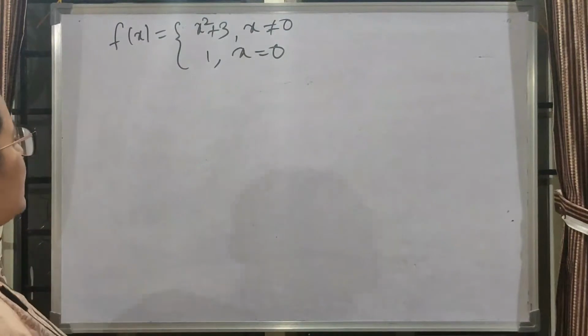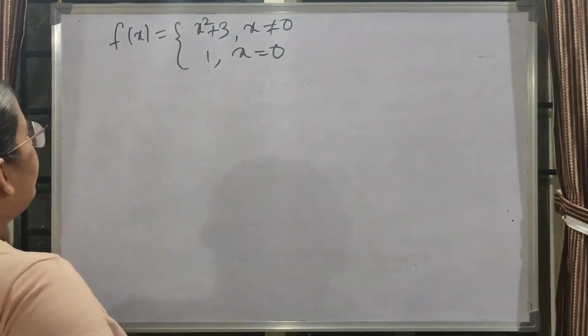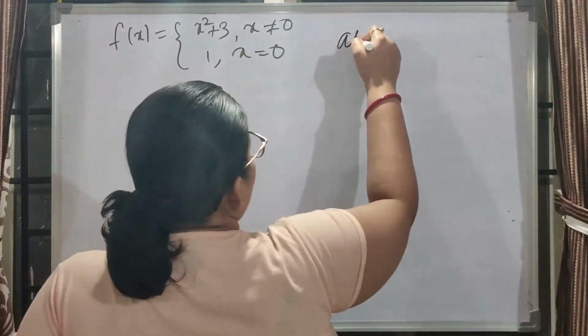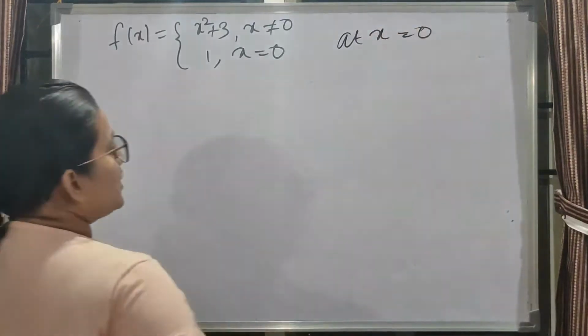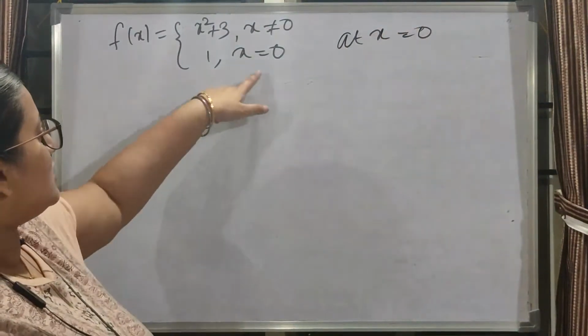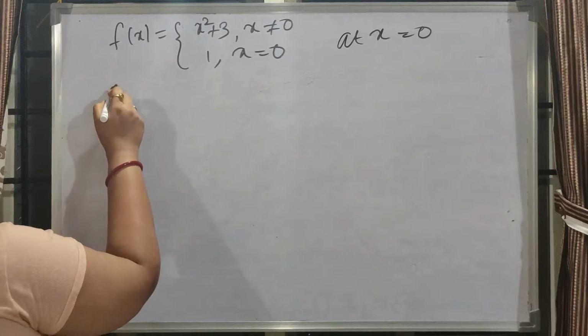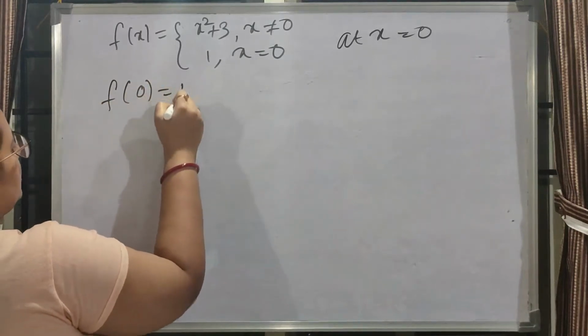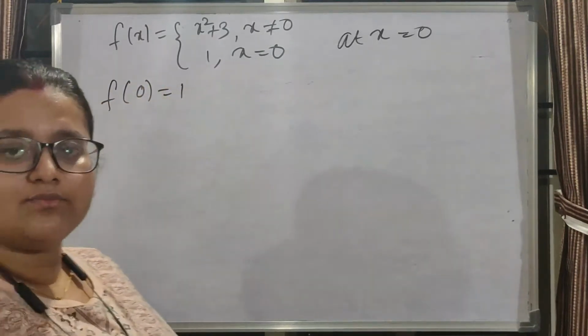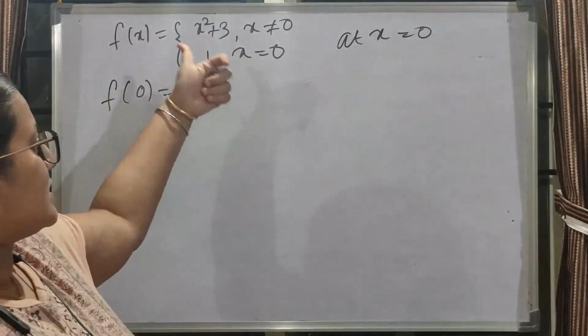Okay. Next see this example. We need to prove whether the function is continuous or not at x equal to 0. Okay. So for x equal to 0, the function value is given as 1. That means f of 0 equals 1. Okay. Now we'll check the limiting value.